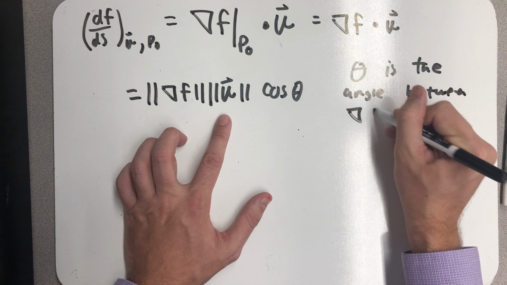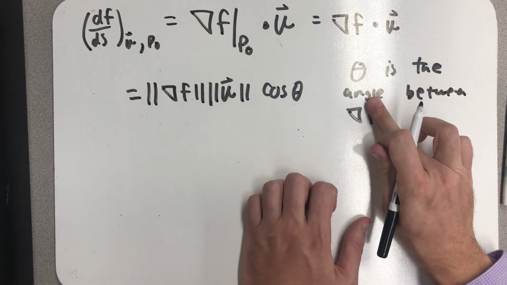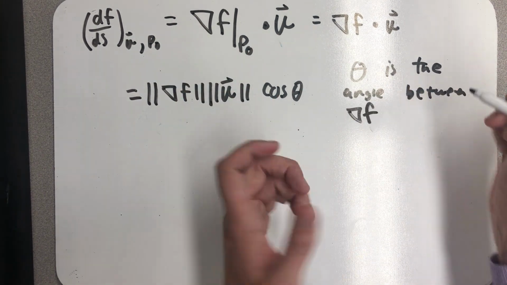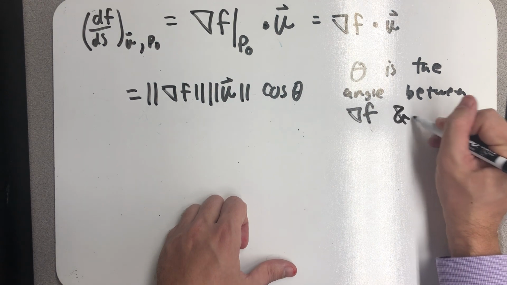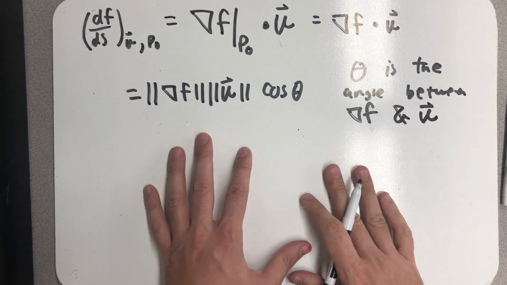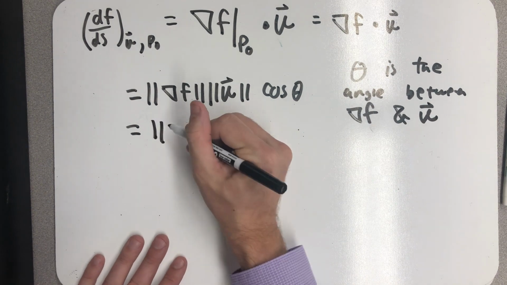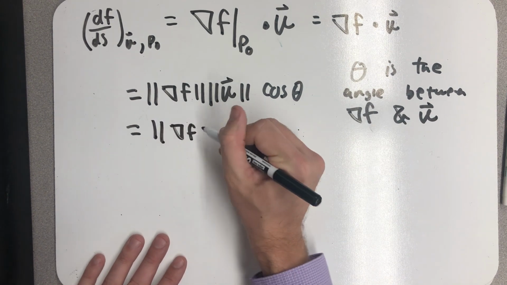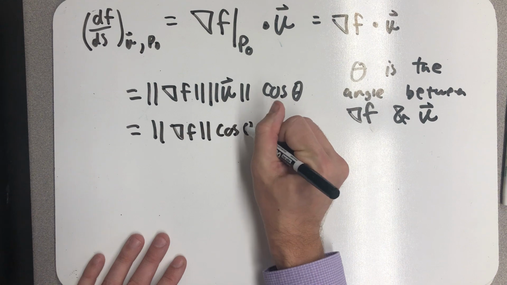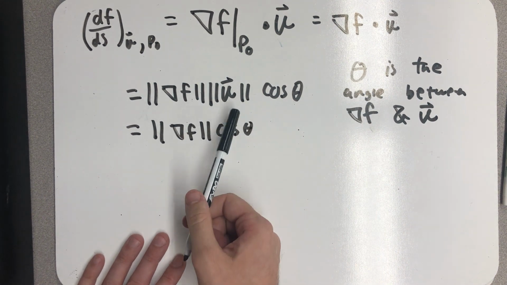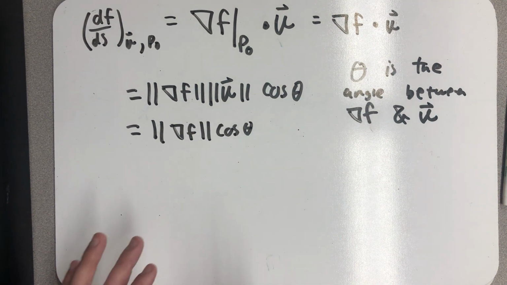And again, though I'm not saying it, I'm thinking about evaluating del f at an actual point p naught and that unit vector u. But wait, the unit vector u is a unit vector, so this is just the magnitude of del f times cosine of the angle between that unit vector and del f.